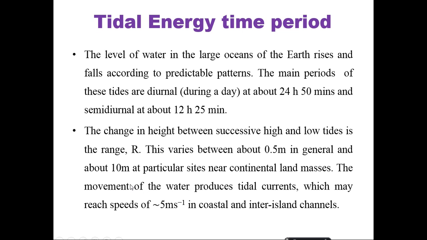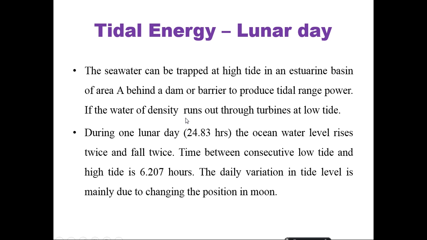So the movement of the water produces tidal current, which reaches a speed of approximately 5 meters per second in coastal regions and inter-island channels. If you consider one lunar day, there are 4 tides per day, that is 2 high tides and 2 low tides.